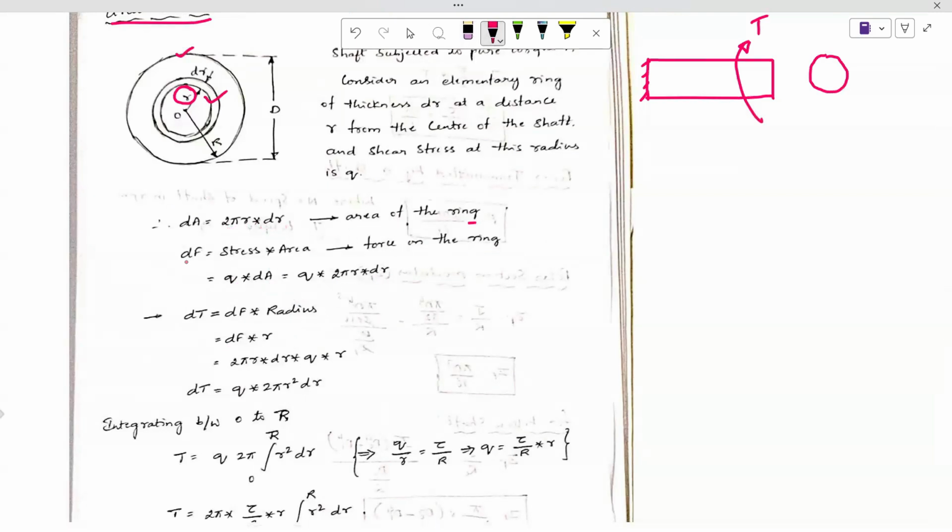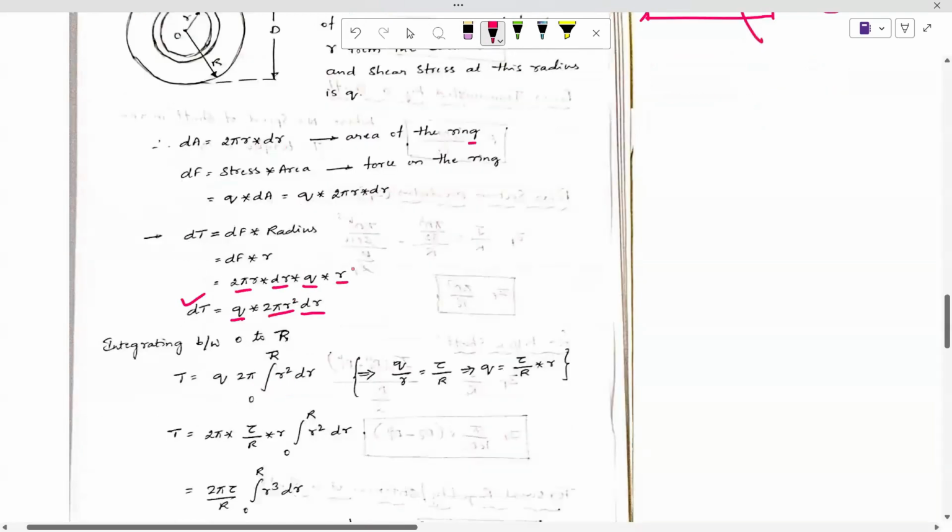From this, dF is q into 2 pi r into dr. Just substitute that: 2 pi r into dr into q multiplied by r. So r into r will become r square. So dT is q into 2 pi r square into dr. That is the torque acting on the small elementary ring.